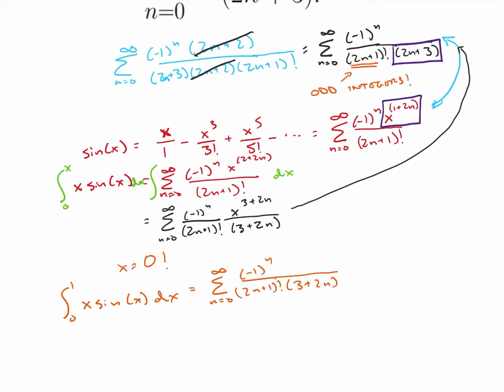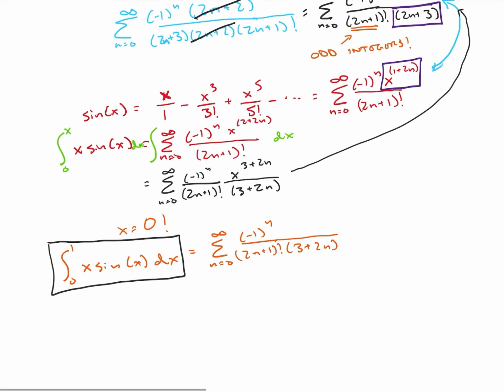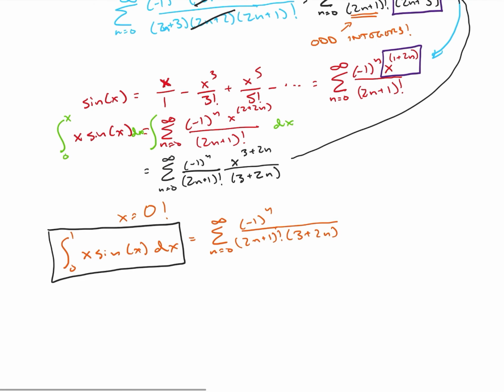So what did this boil down to? Now the question is, can we integrate this? And the answer is absolutely. If we got through the stuff above, we can do this in our sleep. Let's do some integration by parts. u equals x, du equals dx, dv equals sine of x dx, and v equals negative cosine of x.